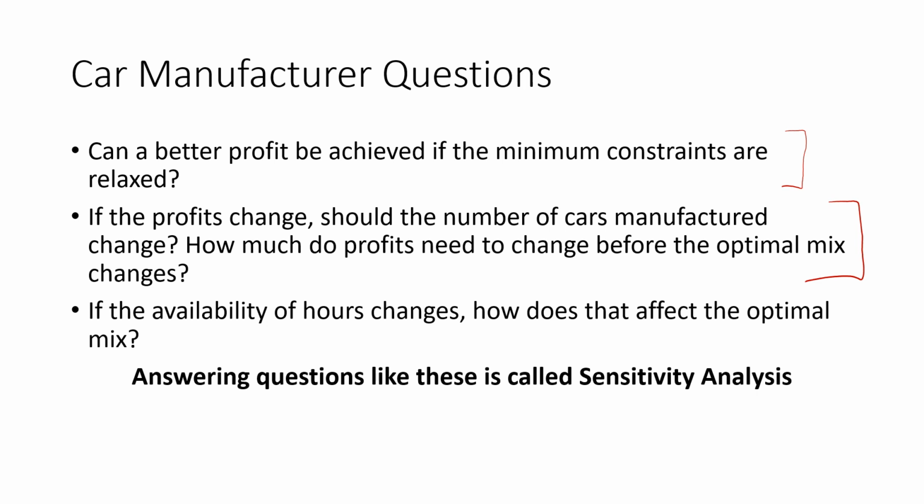If I change something, in this case, if I change the profit for an individual car, how does that change my answer? That's a sensitivity analysis again. And if the availability of hours, I already talked about that. If the availability of hours change, how does that affect the optimal mix? This idea of sensitivity analysis we're going to get into fairly soon, but these are important questions when you're answering these things in the real world.